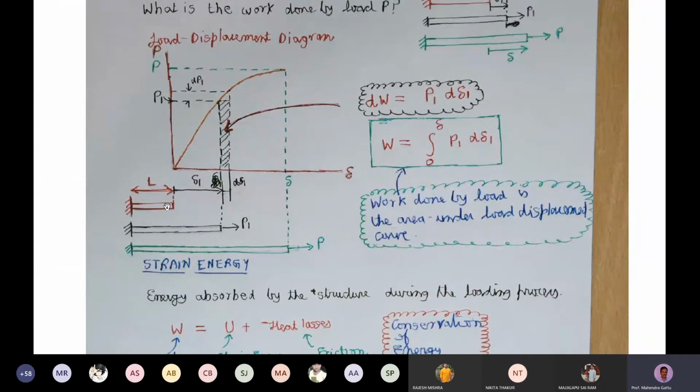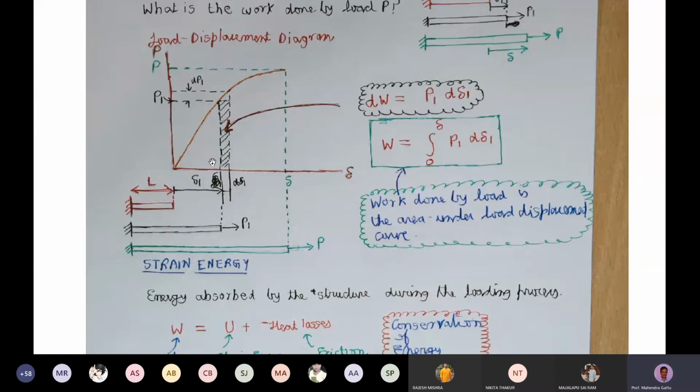Initially we have this bar of length L, the displacement of this point is given by delta, and the force applied on the bar is shown on the y-axis, that is P. The load deflection curve is shown in red.